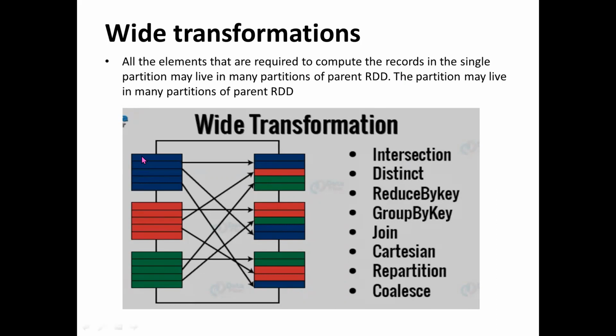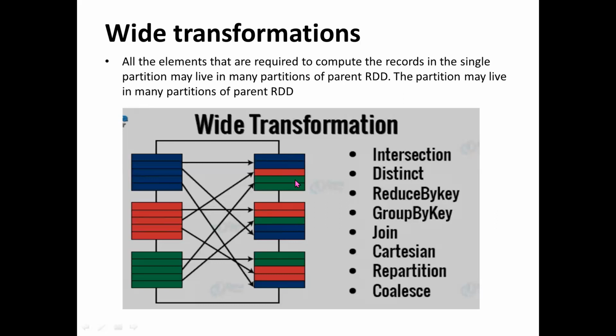As you can see, the data comes from many partitions of the parent, and accordingly it makes another partition. So this is called wide transformations.